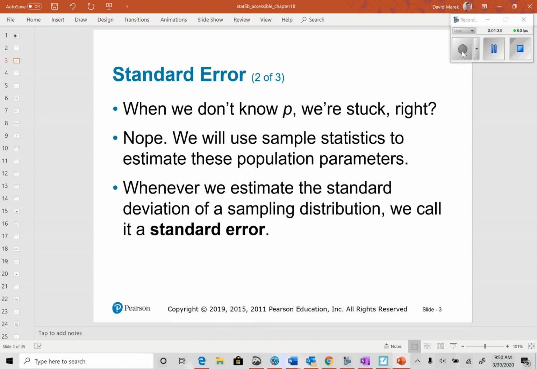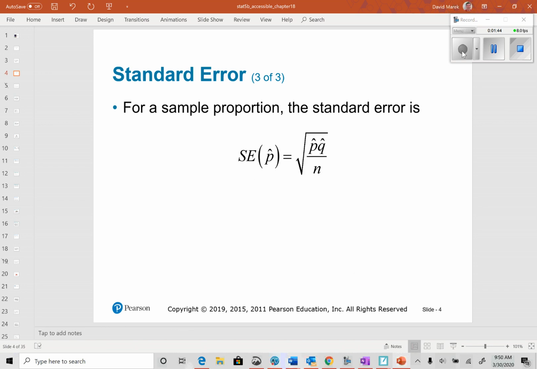What if we don't know the population proportion? We're stuck, right? Well, basically, what we do is, oh, you're going to love this. We take this formula and we change the name. It's now called standard error. But what we're going to do is, if we don't know the population proportion P, we're going to use our sample proportion P hat.